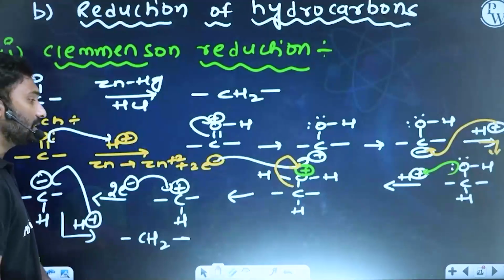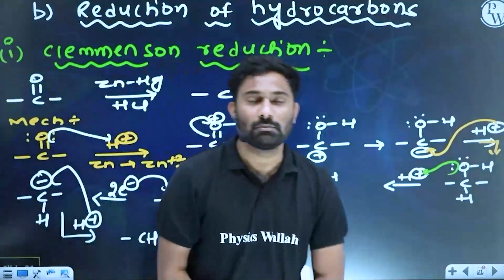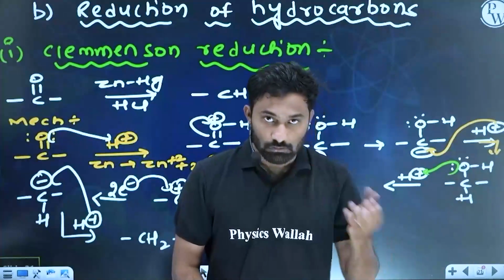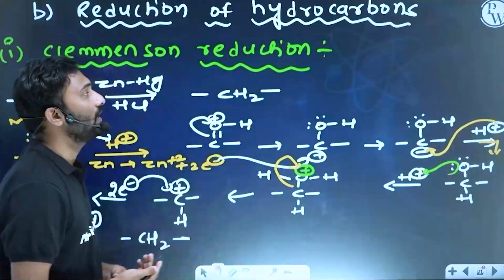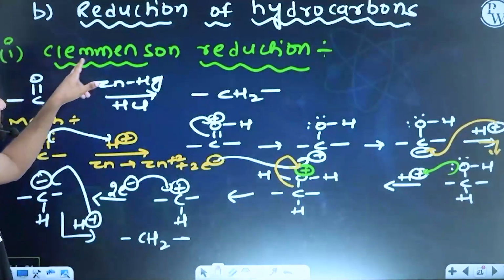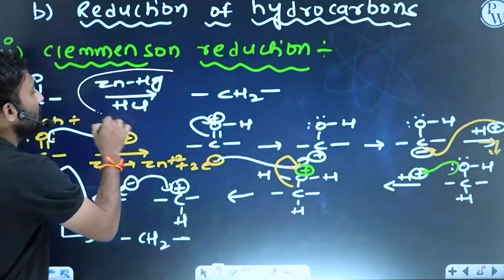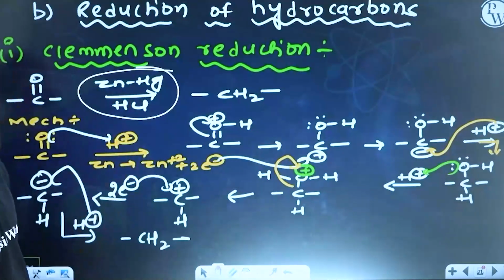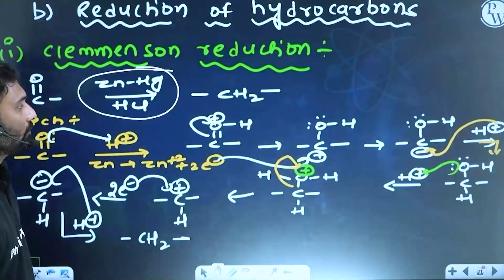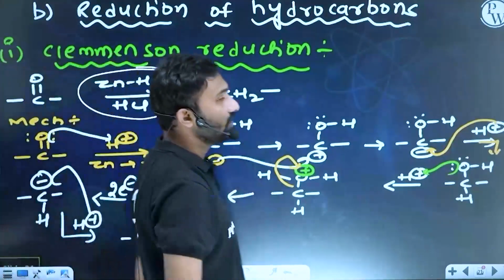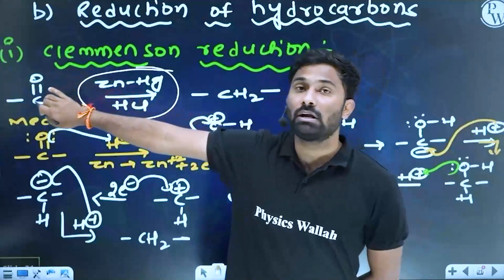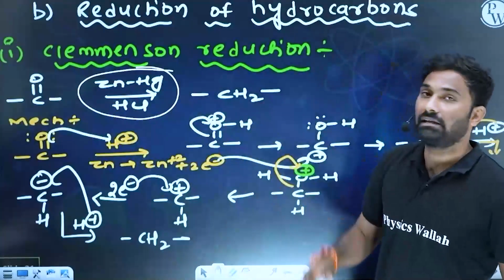Next, now reduction of hydrocarbons. First, Clemmensen reduction. This is zinc and mercury in the presence of HCl. Now what is it? Carbonyl group will be converted into alkane.